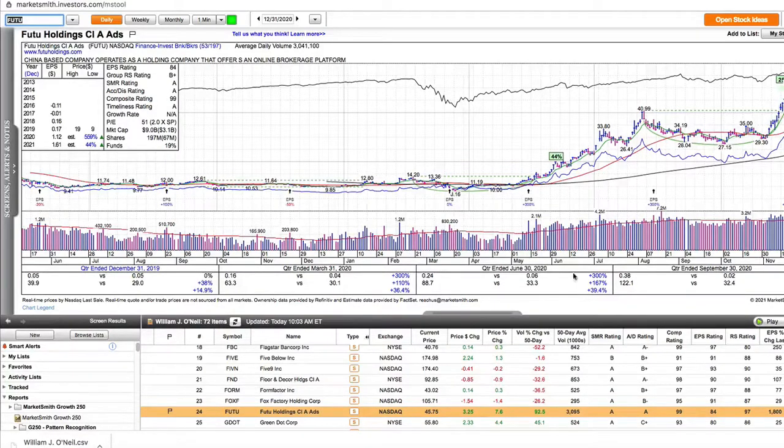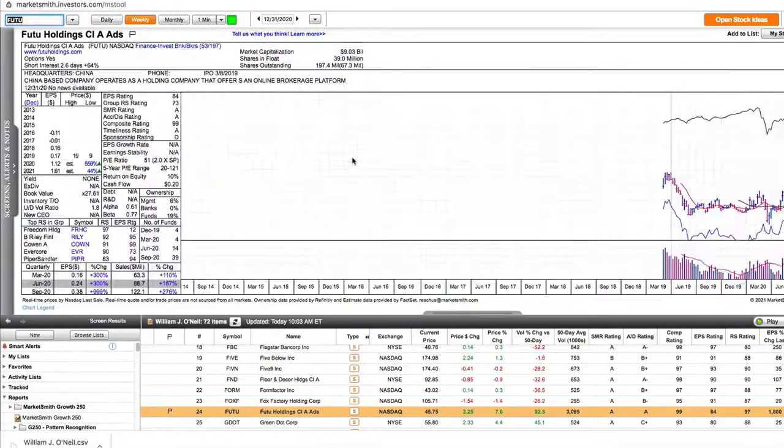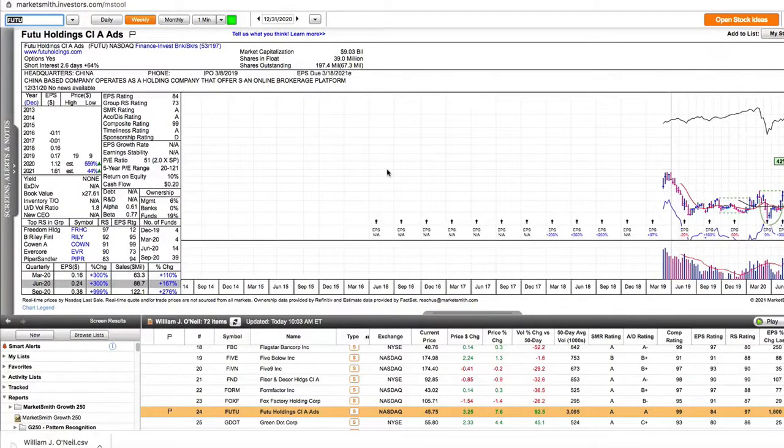But you can see on the daily chart, like the earnings and the sales going up insanely huge. The only risk is that this is a Chinese company, and there's been issues with the government, obviously, doing things to Baba and Alibaba and stuff like that. But you can see with MarketSmith, like the earnings per share going up.